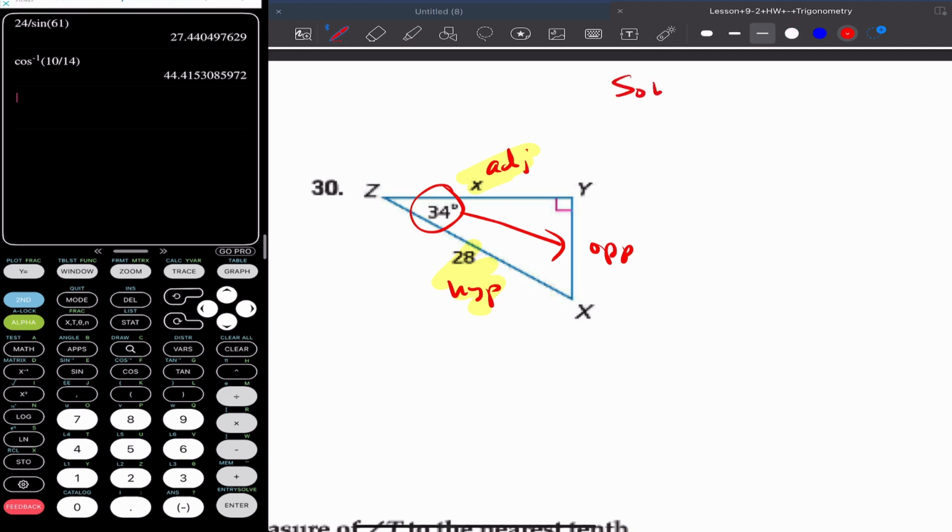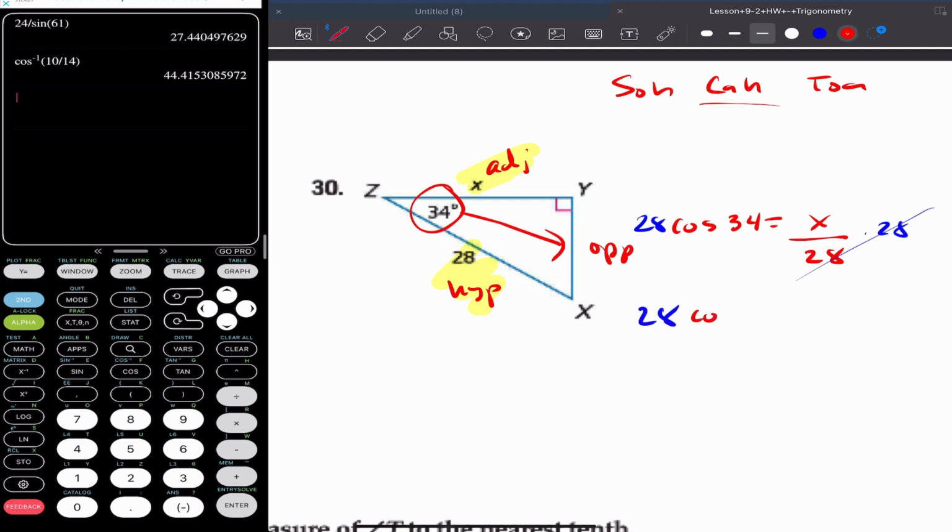So if I write SOHCAHTOA, adjacent, hypotenuse, it means you're using the cosine function here. So you write cosine of 34 equals x over 28. You want to multiply both sides by 28 here, so you can get x on the right-hand side alone. So it's 28 cosine of 34, which equals x.